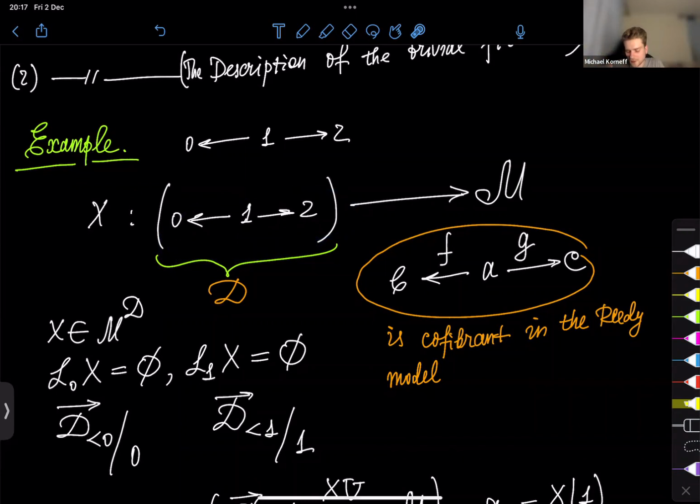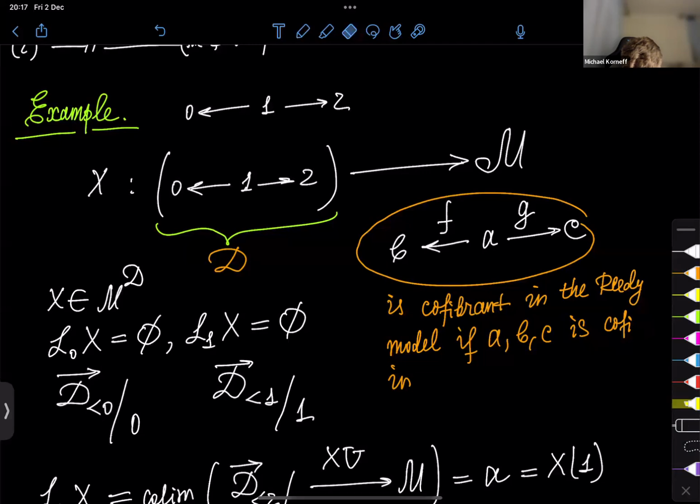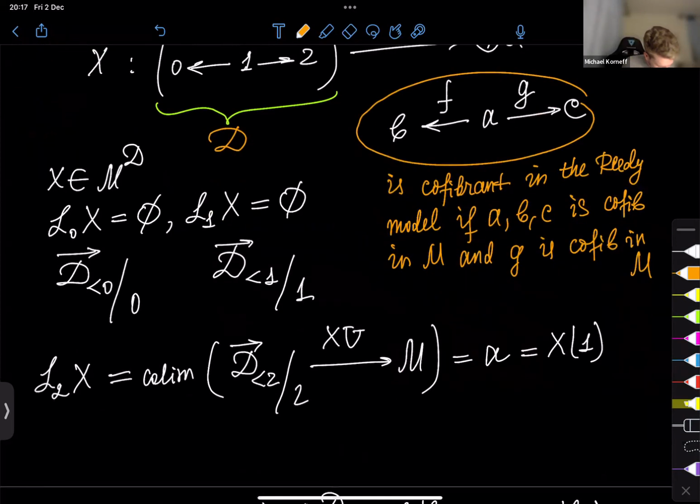And in this case, this diagram is cofibrant if A, B, and C are cofibrant in M, and also G is a cofibration in M.